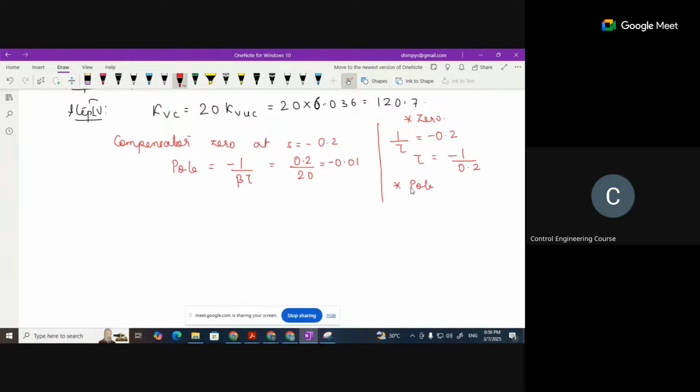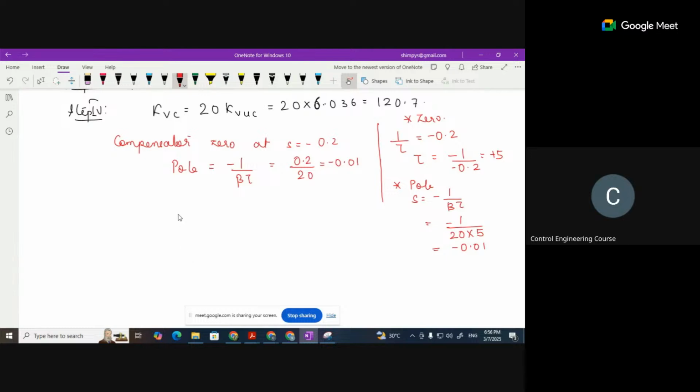I'm telling you once again, the pole can be written as minus 1 by beta tau, and tau is minus 5, so this is 20 into 5, and it comes out to be minus 0.01.